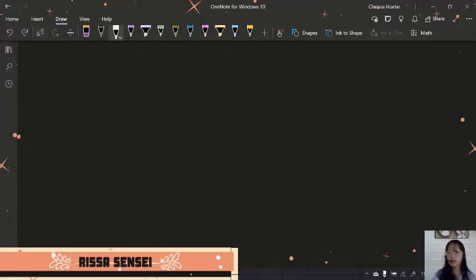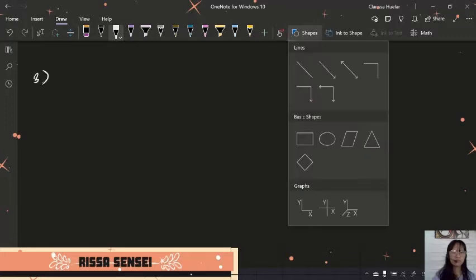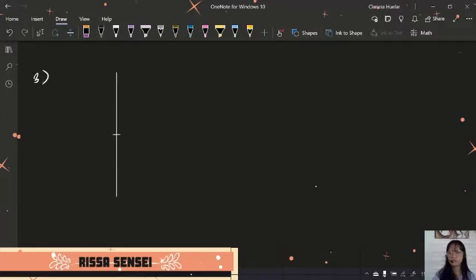Paano naman kapag ganito? Example, xy ulit tayo. So, for example, pag ganito naman, graph ay 1, 2, negative 1, negative 2. So, paano naman kapag ganito ang graph?